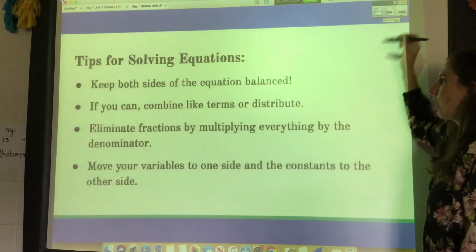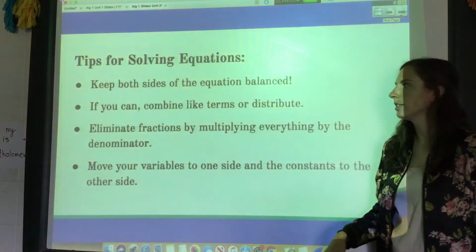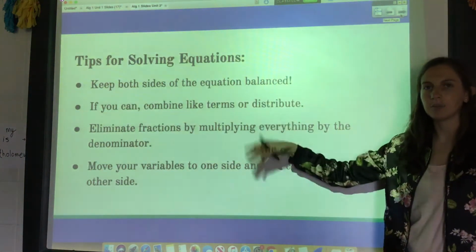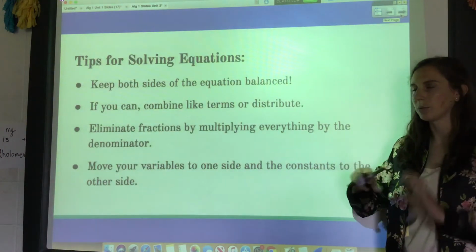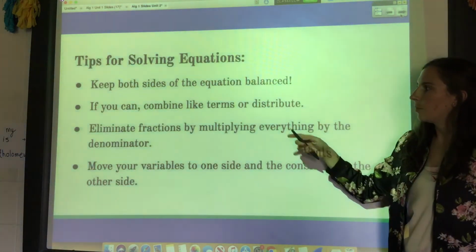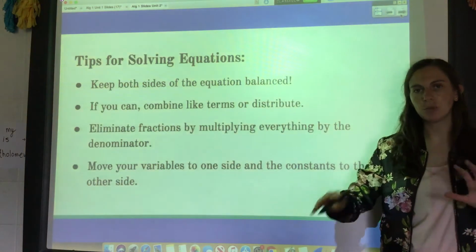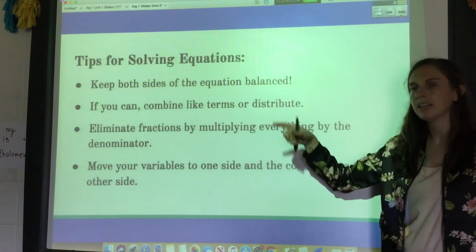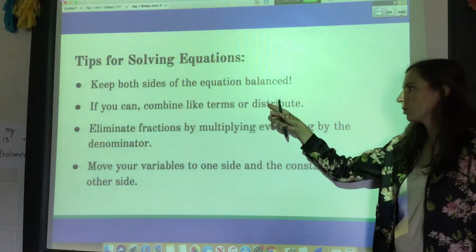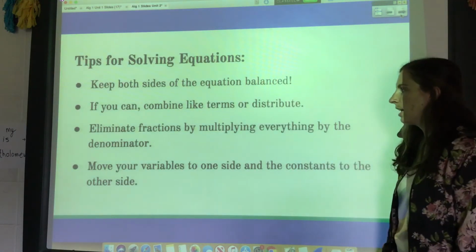So as you're solving these equations, keep this stuff in mind. And you don't need to write these down because they're going to be on a paper that I'll give you on the practice. Keep both sides of the equation balanced, so what you do to one side, do to the other. If you can, you may need to combine like terms or distribute like we've already practiced.